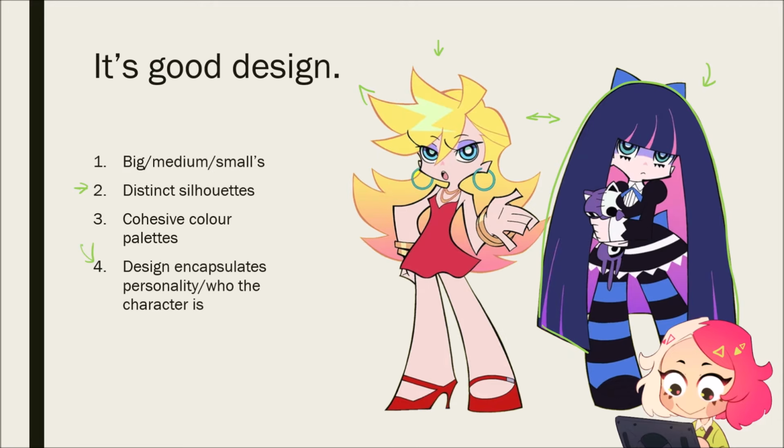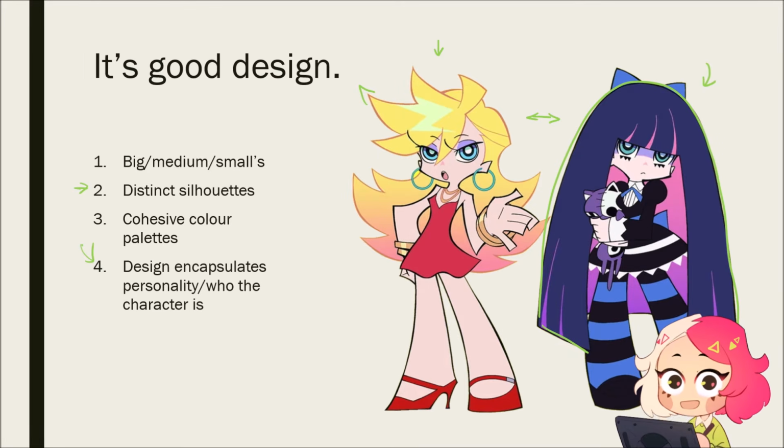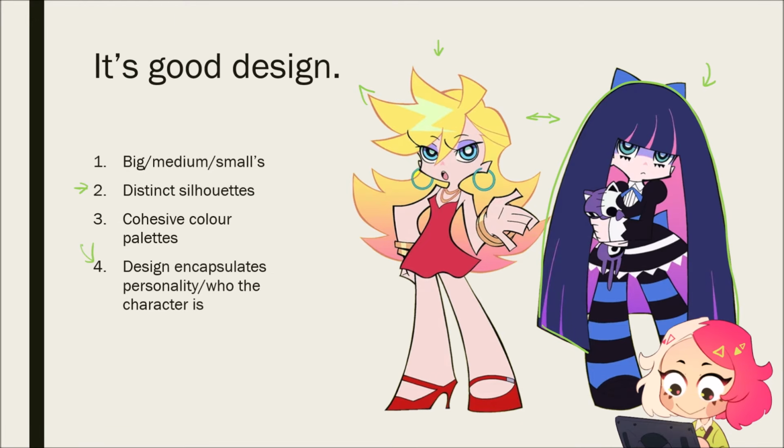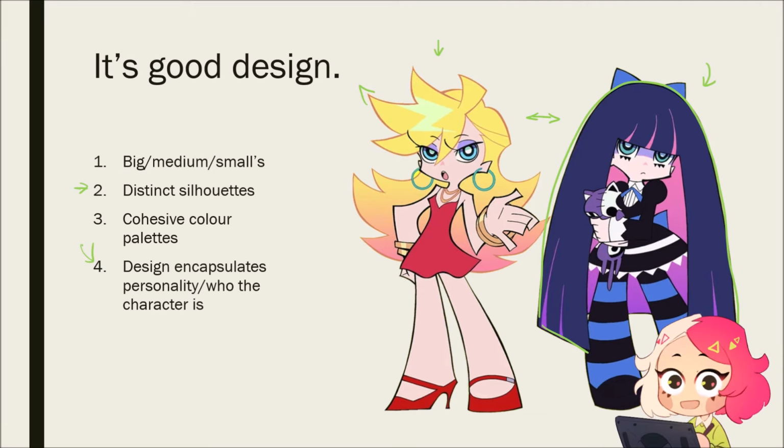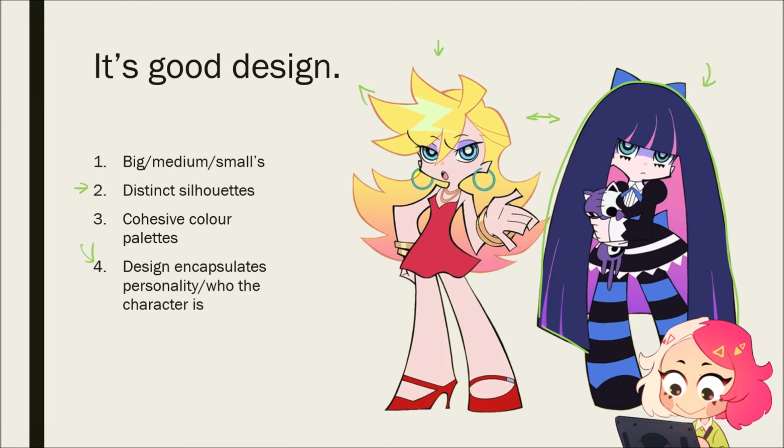Okay. So let's say, for the purposes of explaining what I mean when it comes to the clarity of silhouettes, I would say silhouettes make or break it when it comes to good design.